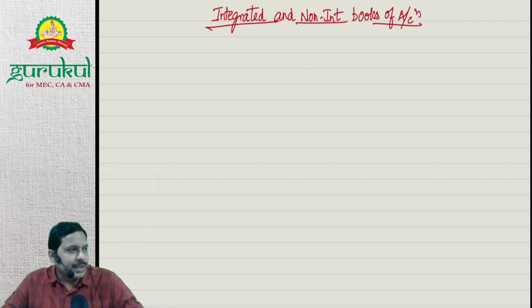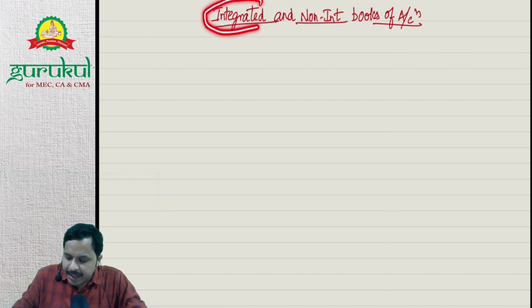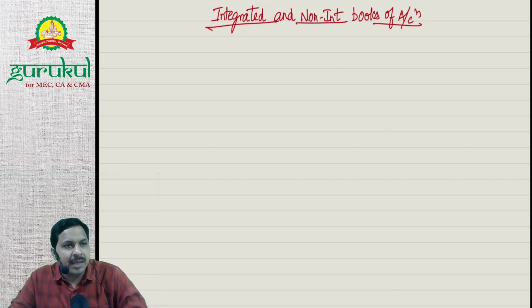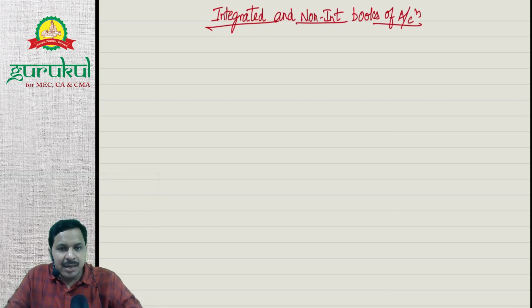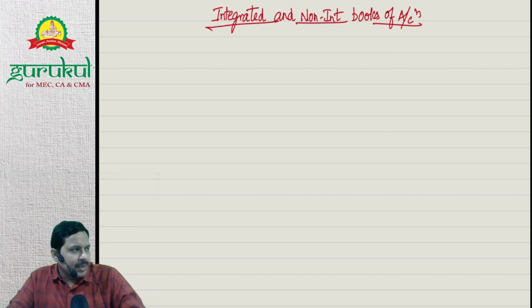Now there are two words: one is integrated, the other is non-integrated. Integrated means combined. Non-integrated means not combined, that is, separated. The words integrated or non-integrated arise only when we have more than one type of books.